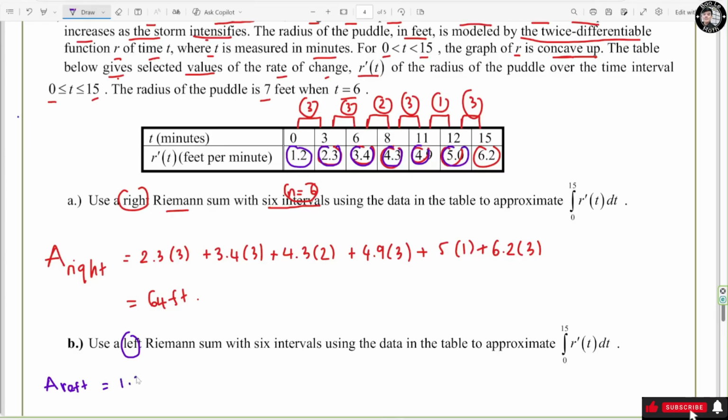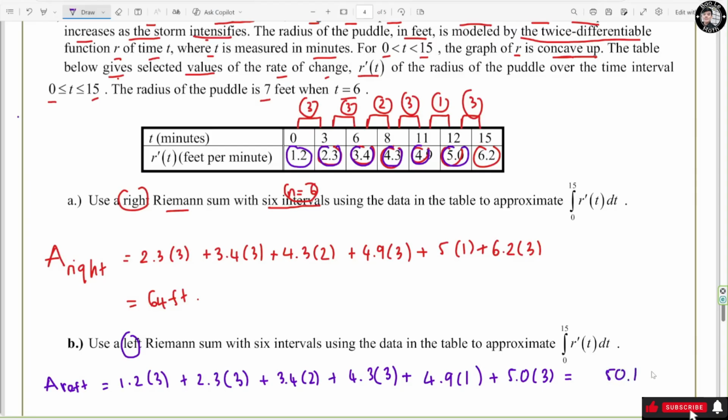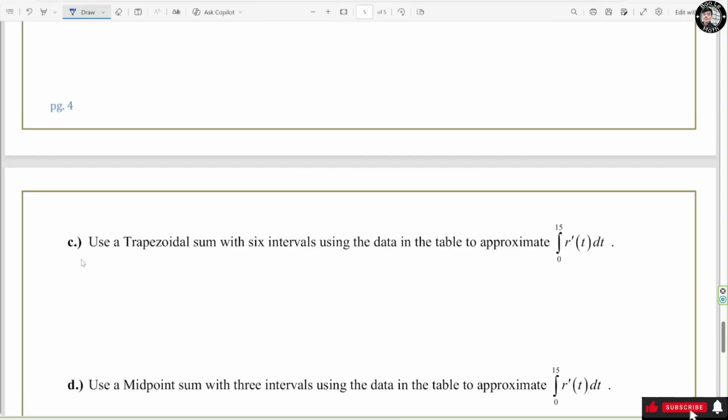So we have 1.2 times 3 plus 2.3 times 3 plus 3.4 times 2 plus 4.3 times 3 plus 4.9 times 1 plus 5.0 times 3. And the answer is 50.1 feet.